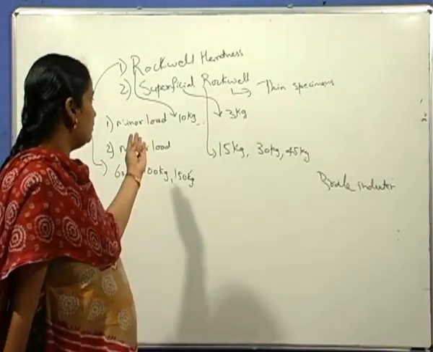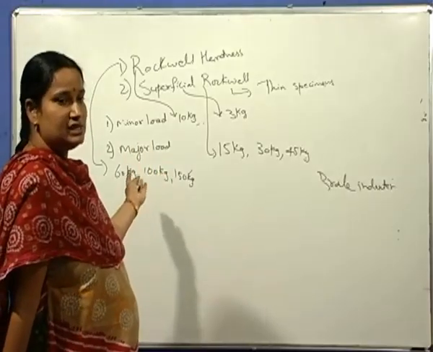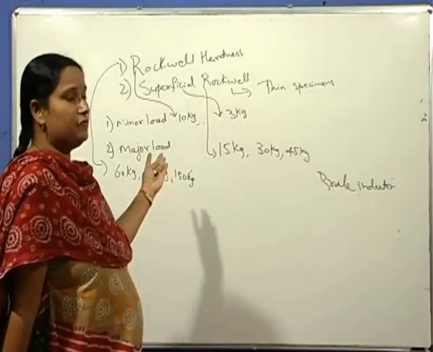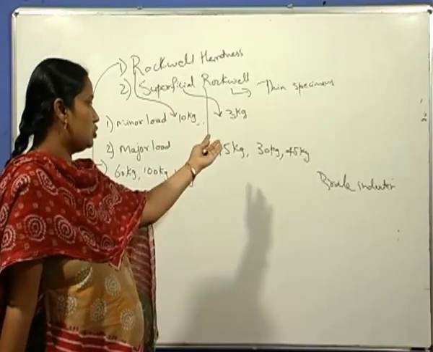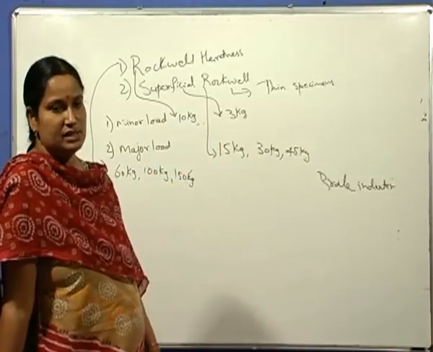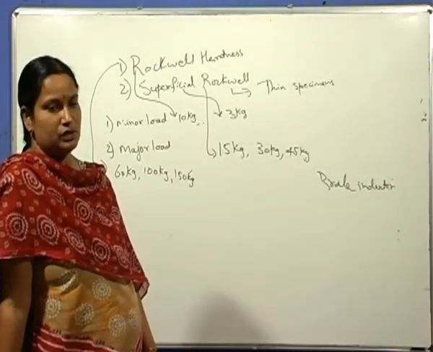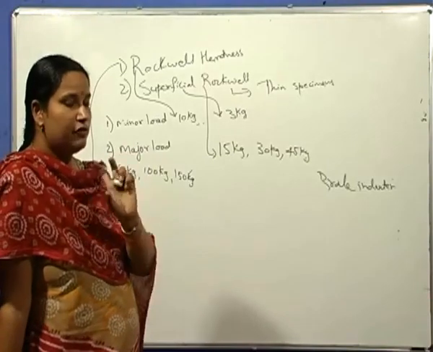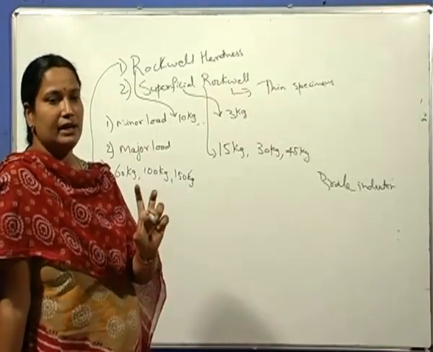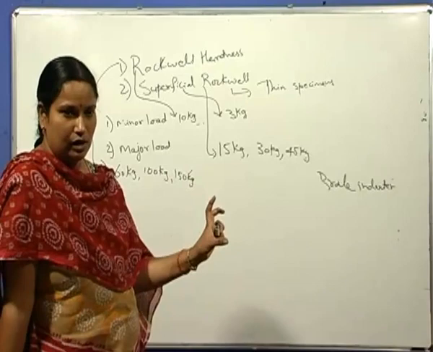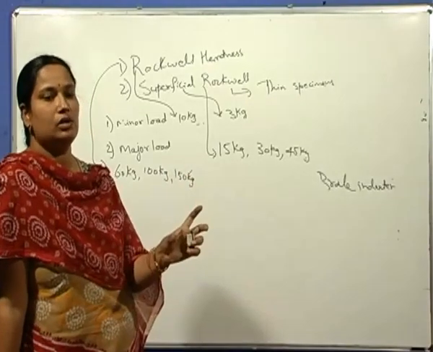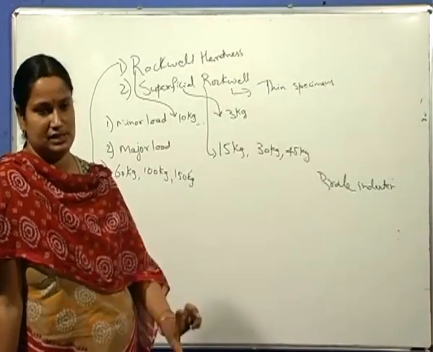And there are various major loads also. We have 60 kg, 100 kg, 150 kg for the case of Rockwell, and for the case of superficial these are the various major loads that are used. So if one specifies the scale, it means a combination of the major load and indenter is fixed.